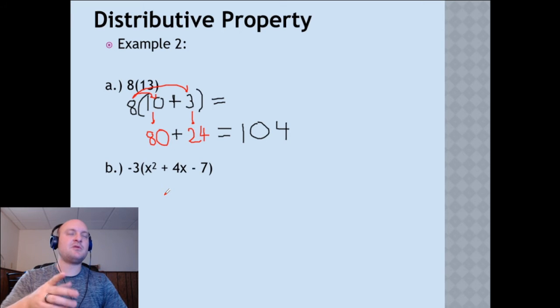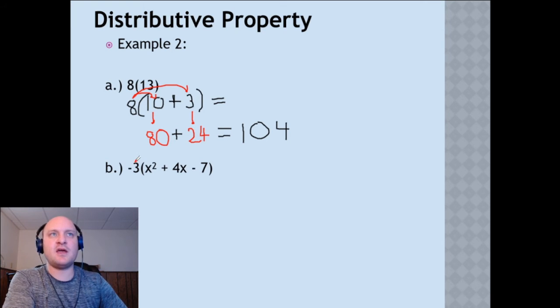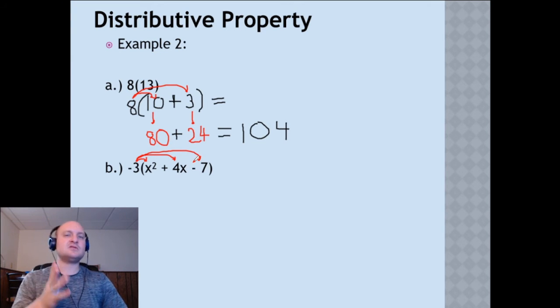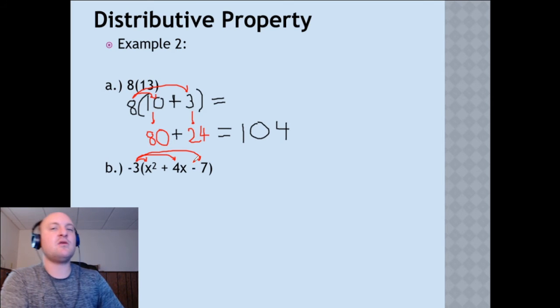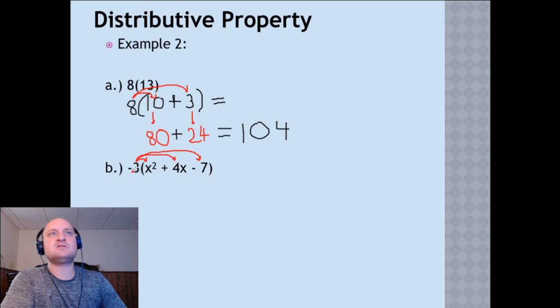For our second example, in letter B, I'm going to be multiplying a negative 3 into 3 different things, because there are 3 terms here. Each of them is separated by an addition or a minus. You'll notice I draw these arrows. Those are a visual cue to help me remember what I'm multiplying in and what I'm multiplying it to. So I have negative 3 times x squared.